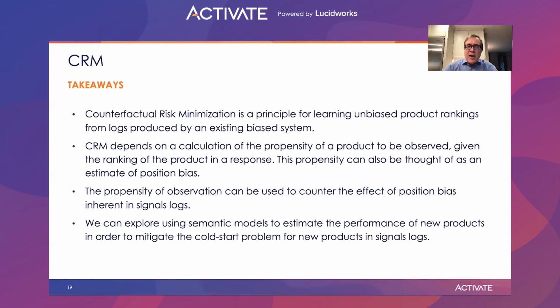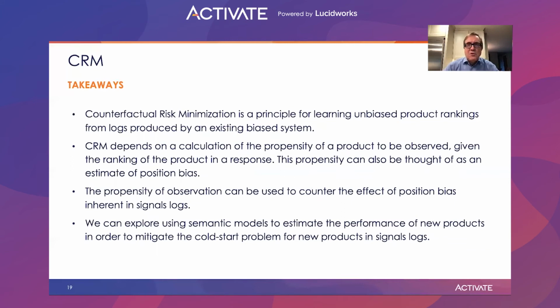One of those being that we need to have some concept of the probability or the propensity of a product to be observed, given how that product is being ranked in responses. So it could be that the existing model, and this happens all the time, doesn't really pay attention to figuring out what that bias is in this system. And so estimating position bias in an existing logging system is an important part of CRM. Well, we can sort of take that concept out.